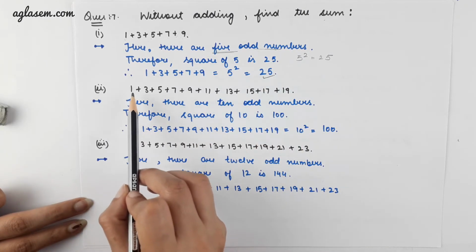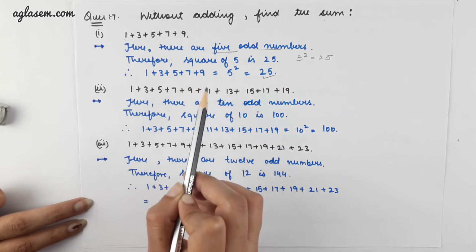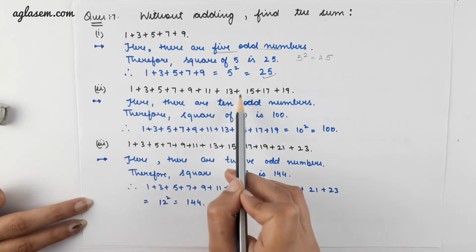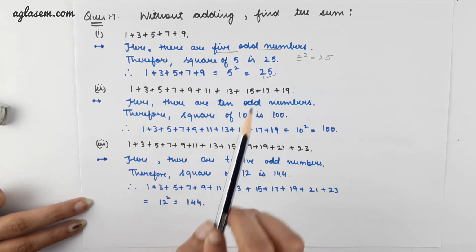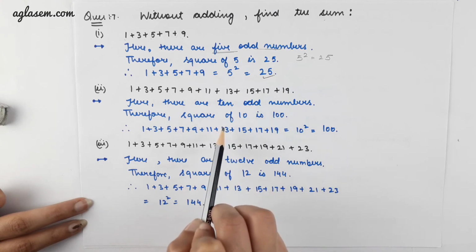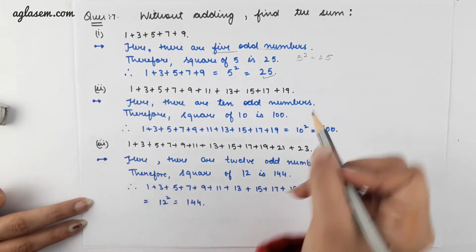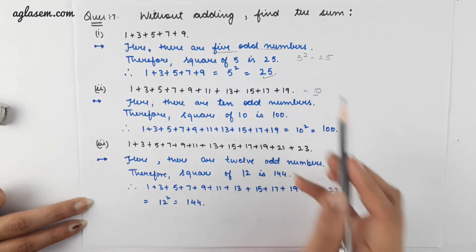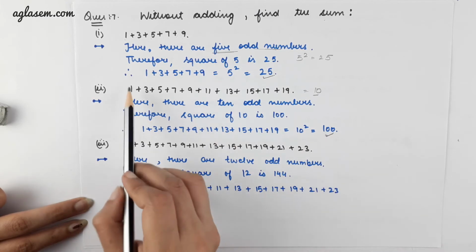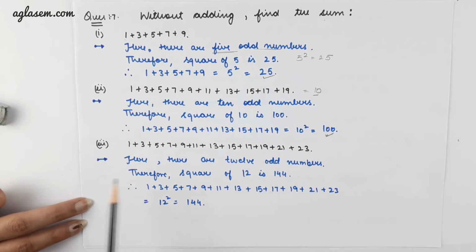Second part, 1 plus 3 plus 5 plus 7 plus 9 plus 11 plus 13 plus 15 plus 17 plus 19. Applying the same approach, count the number of odd numbers present here. Here we have 10 odd numbers and the square of 10 is 100. Therefore, the sum of this series is 100.